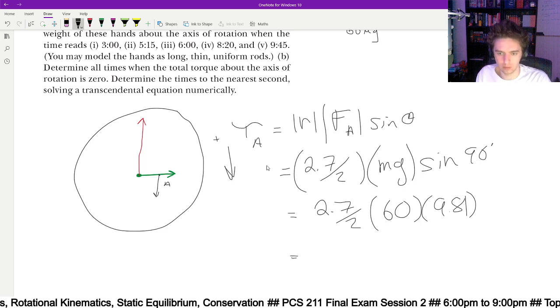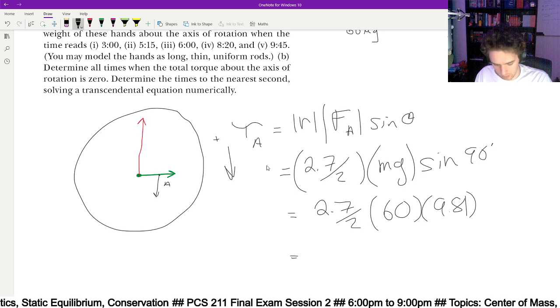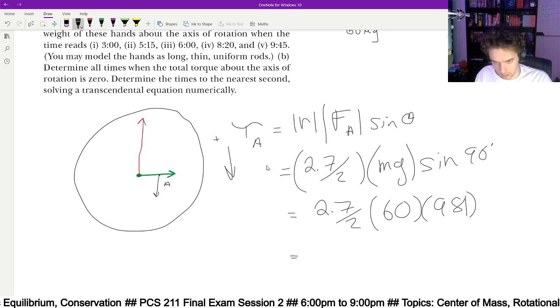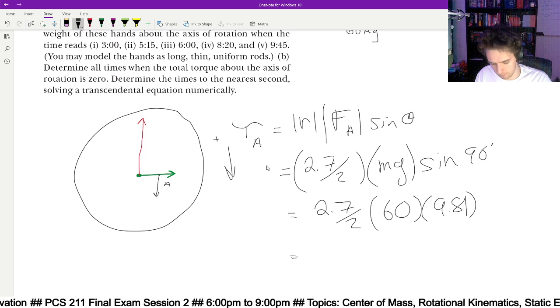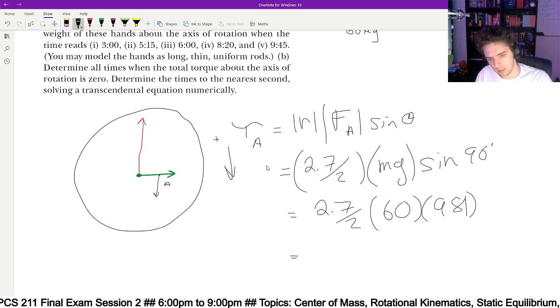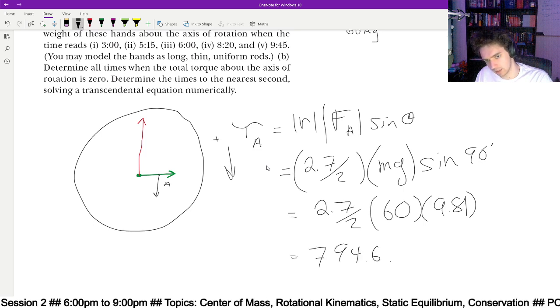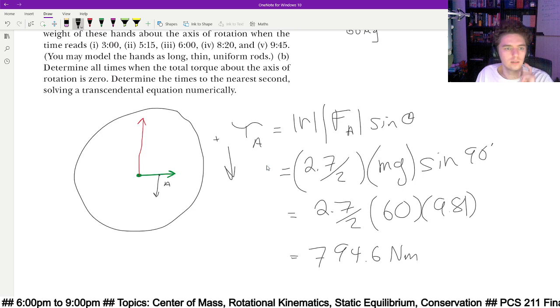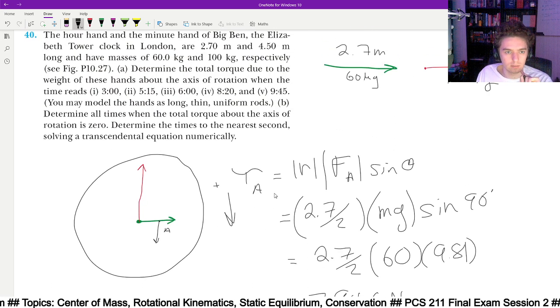So there you go. 2.7 over 2 times 60 times 9.81. So the torque done by this one is 794.6 Newton meters. Yeah, there we go. And that's the answer for that one.